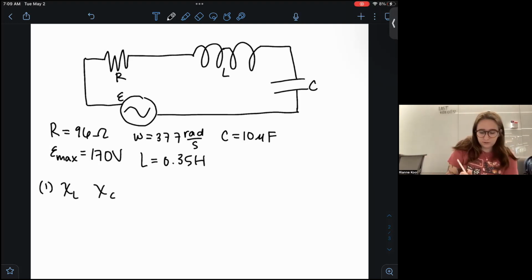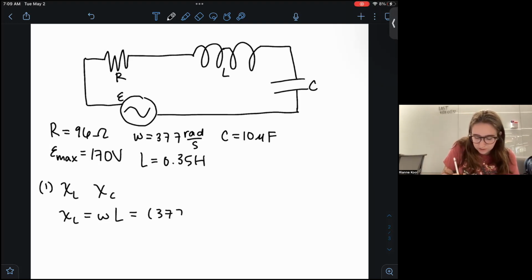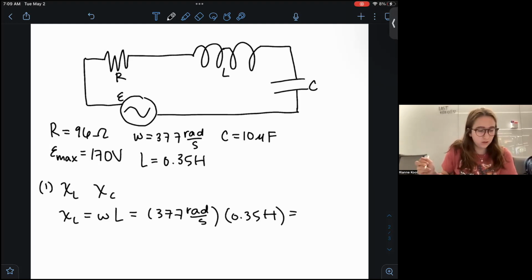So chi sub L is defined to be omega times the inductance. So from here, we know that it is 377 radians per second times 0.35 H. So this gives us a value of 132 ohms.